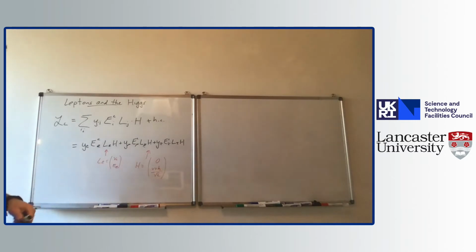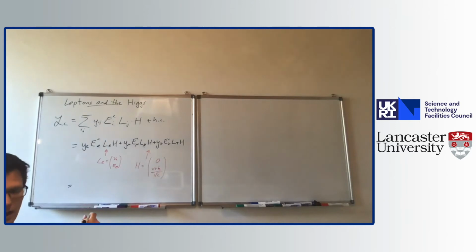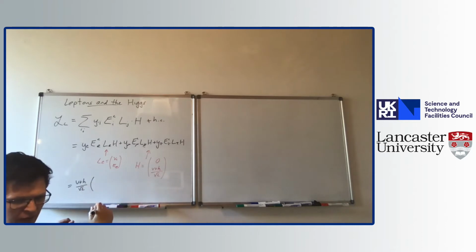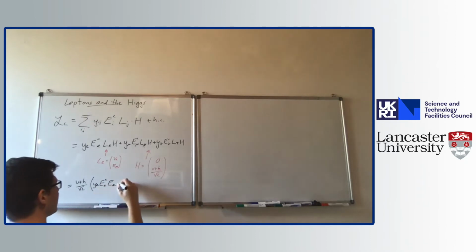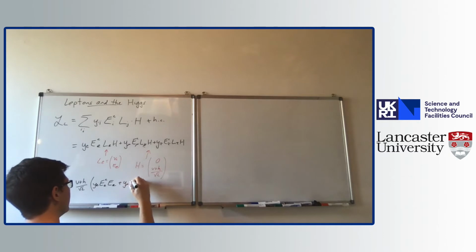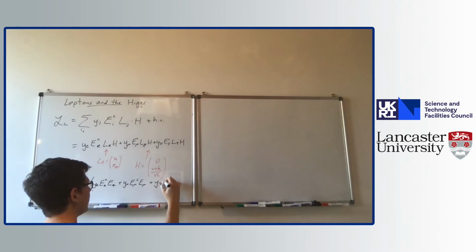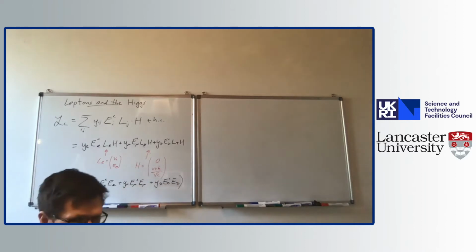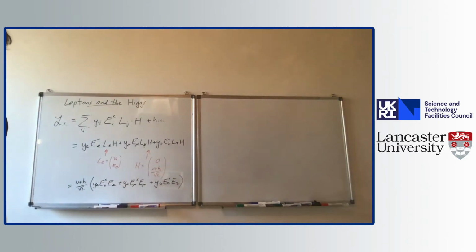then in the electroweak broken vacuum, we get that L_L now becomes something like (V plus H) over square root of 2, and then we get Y_e e_L e_R^c, where this would be the right-handed component and left-handed, plus Y_mu mu_L mu_R^c plus Y_tau tau_L tau_R^c. Different notebooks, different textbooks will use different conventions for notation, but this is all equivalent.